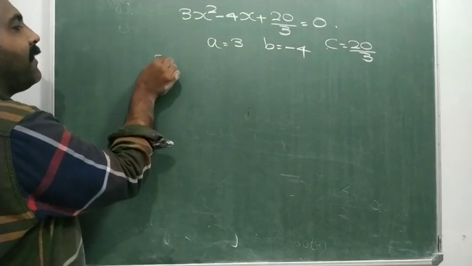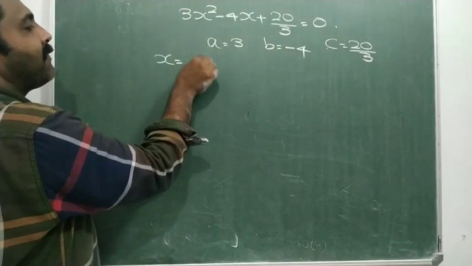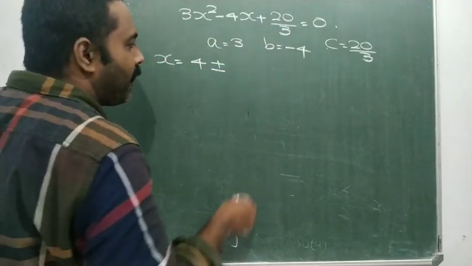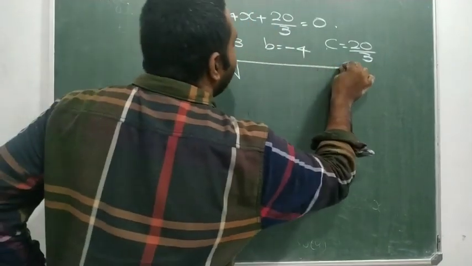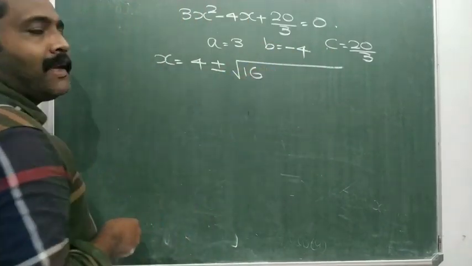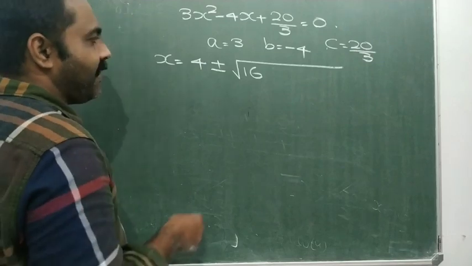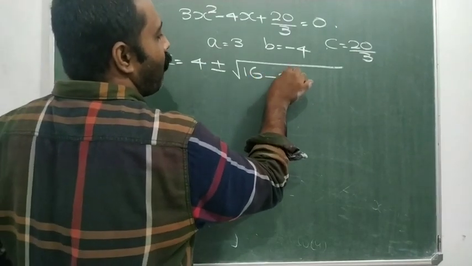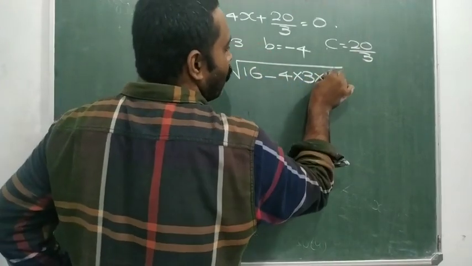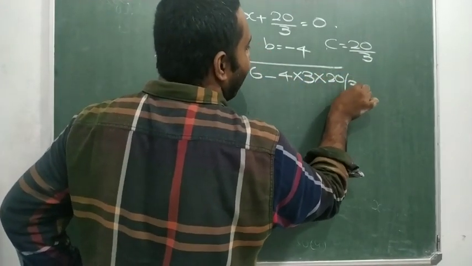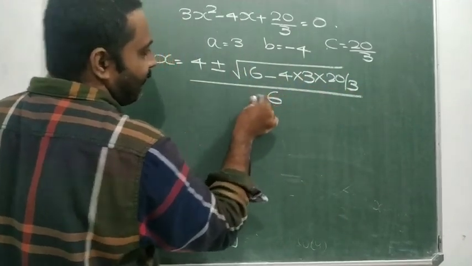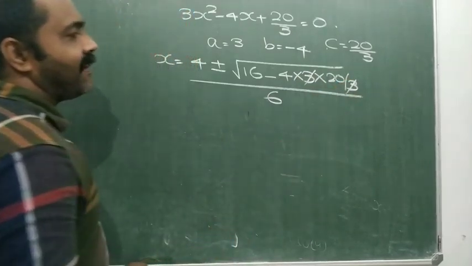Therefore, x is equal to minus b, minus of minus 4, 4 plus or minus root of b square is 16, minus 4 into a, 3, into c, 20 by 3, by 2a, 2 into 3, 6. 3, 3 cancel.